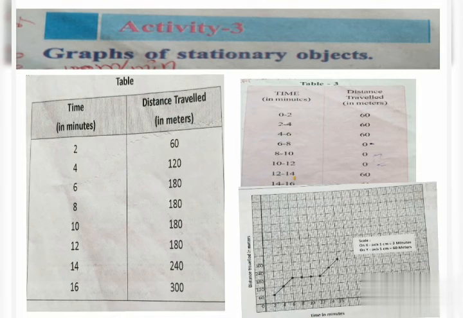From 8 to 12 minutes of her journey, the time increased, but the total distance covered remained the same. Once you observe table 4, from 8 to 12 minutes, time is increased, but the distance covered is not increased, it remains the same.